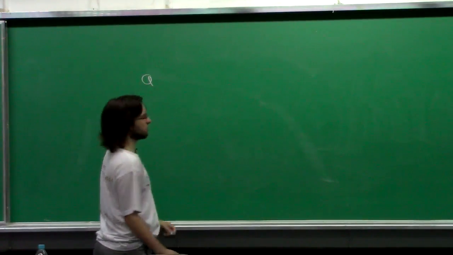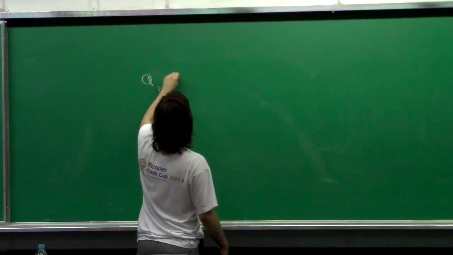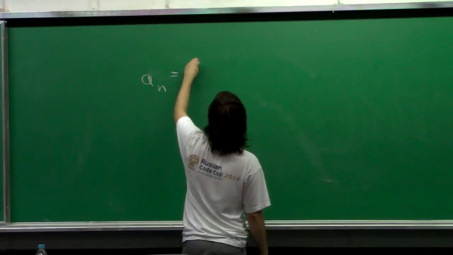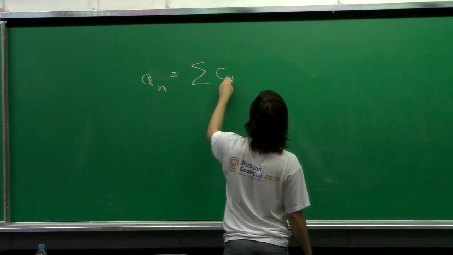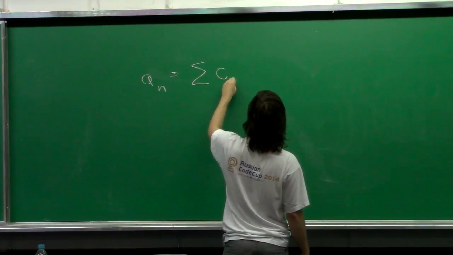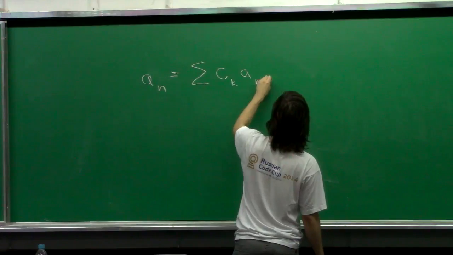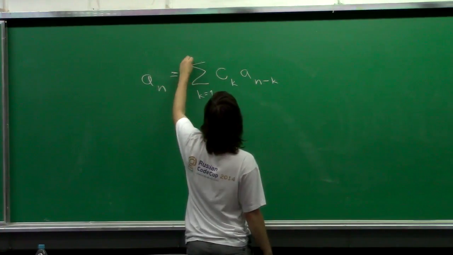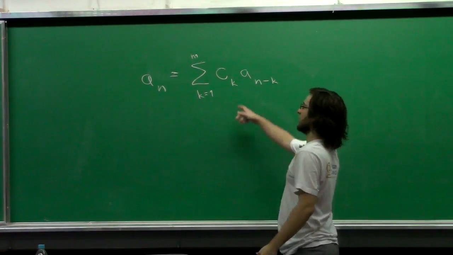In general, a linear recurrence with constant coefficients, a so-called homogeneous one, is about computing a sequence by a formula, the sum of c_k a_(n minus k), where k goes from 1 to, let's say, m. The c_k are constants.